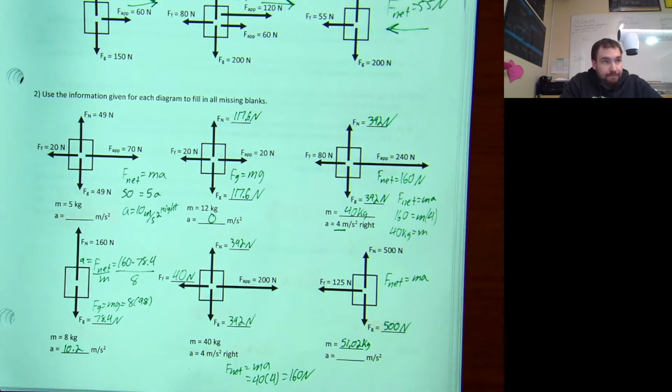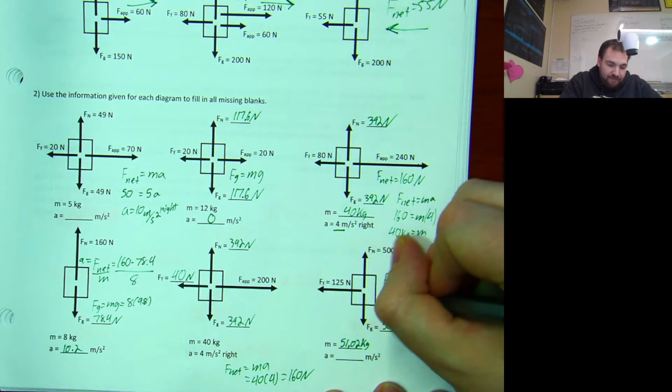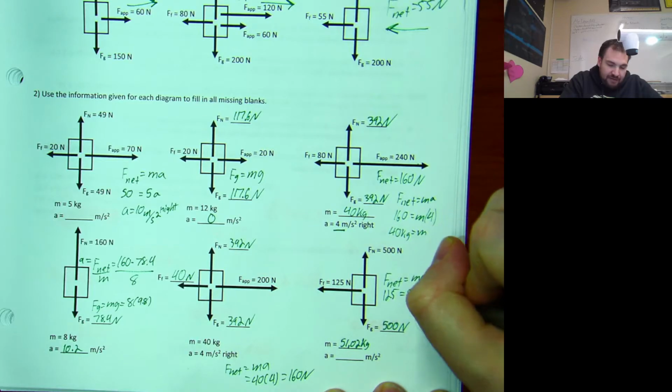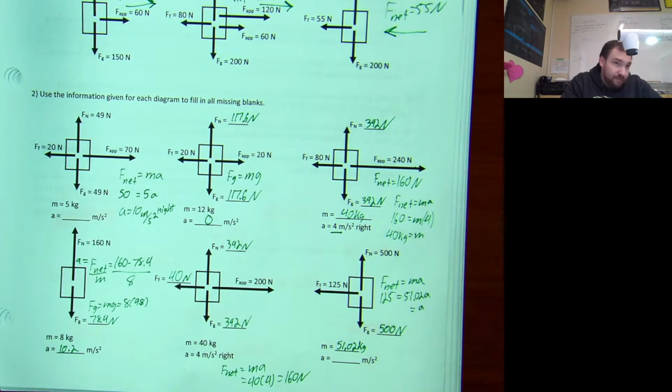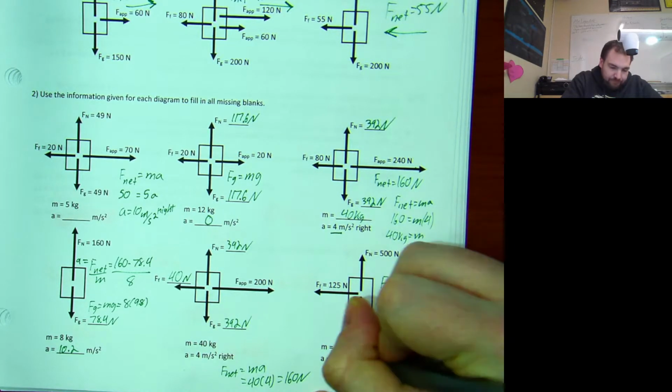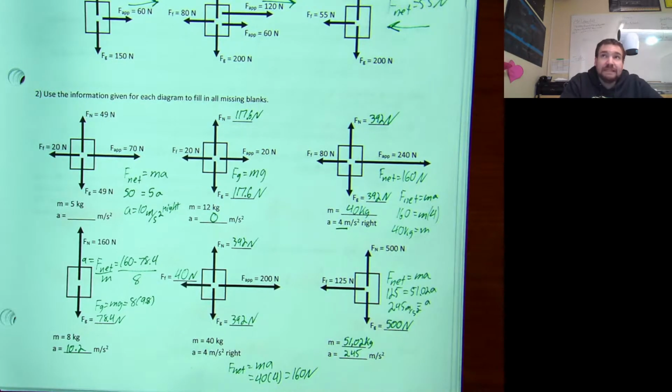What's the Fnet? 125 equals our mass, 51.02, times a. So my acceleration is what? 2.45? Can someone verify? Okay, love it. Questions, comments, concerns, any piece of this?